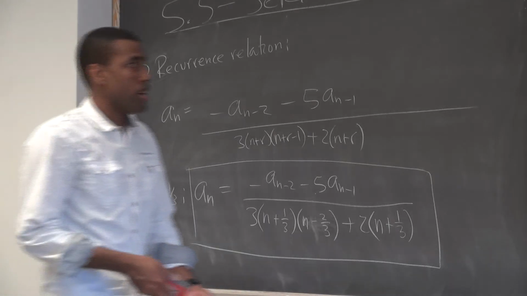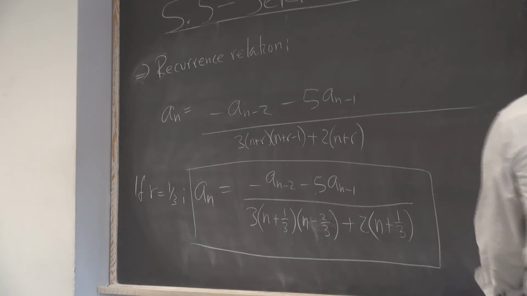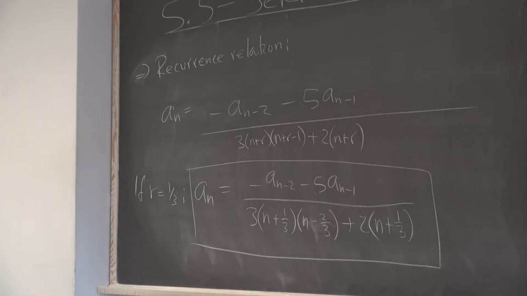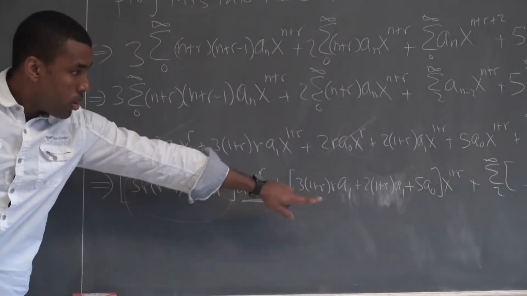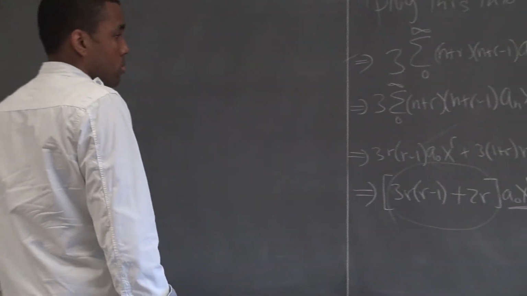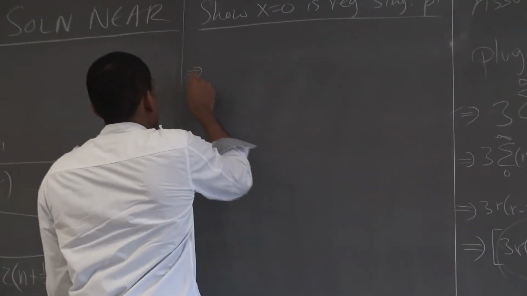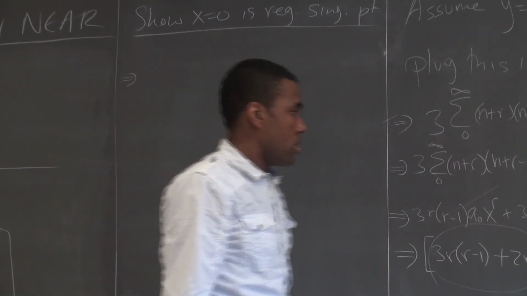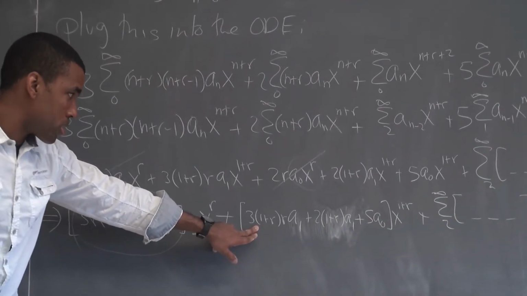They also asked us to find A1 and A2. To find A1, I have a couple of options. I can either use this equation, or I can just continue by using the recurrence relation. Let's use this equation here, just to show you that this is actually useful for something.